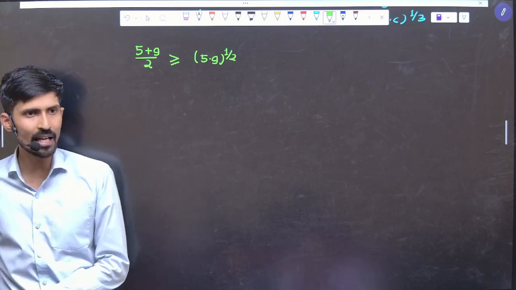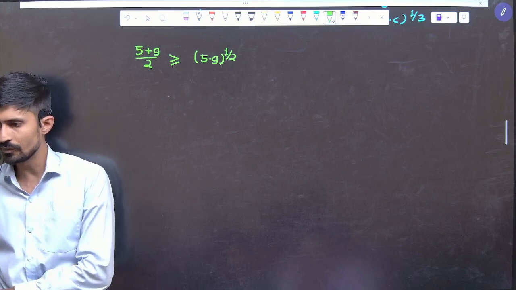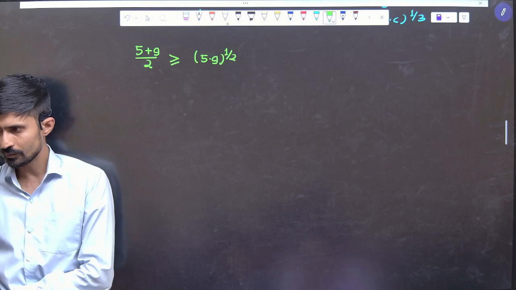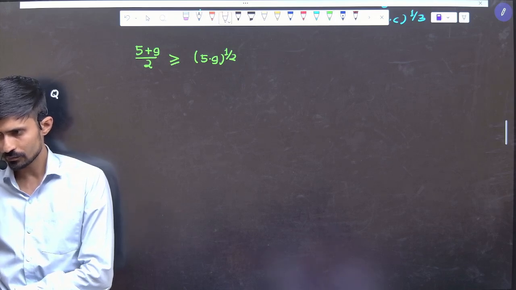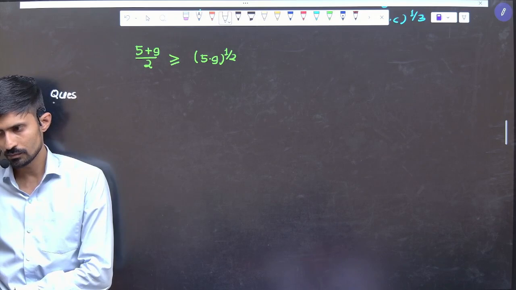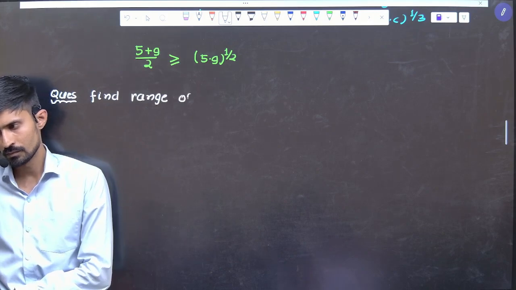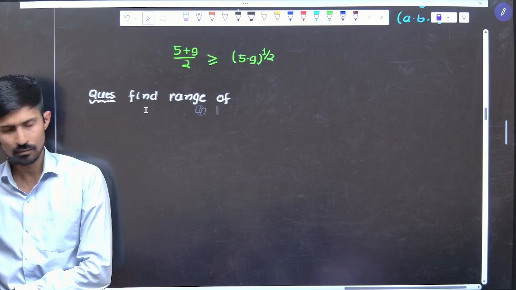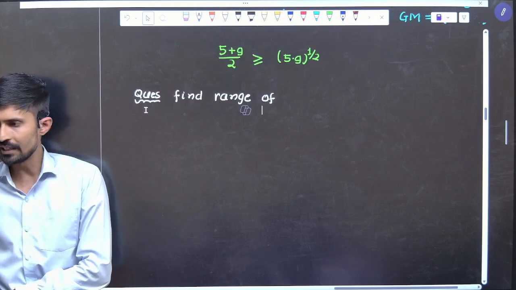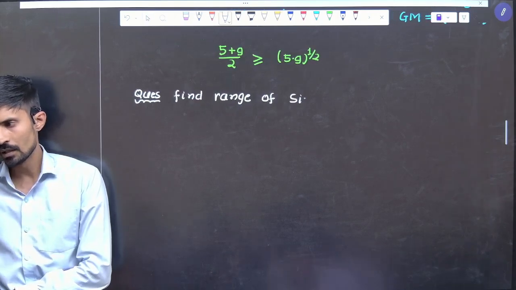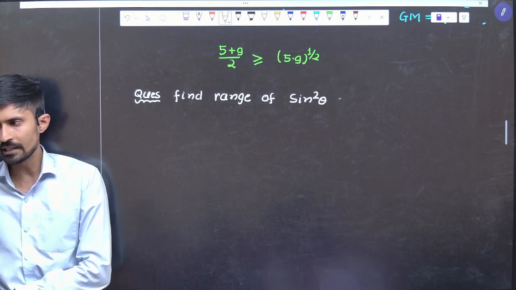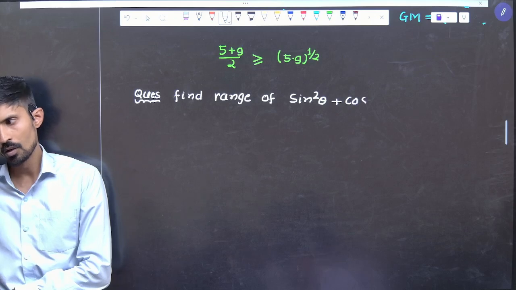Okay. So suppose I am asking you a question: find range of sin square theta plus cosec square theta.